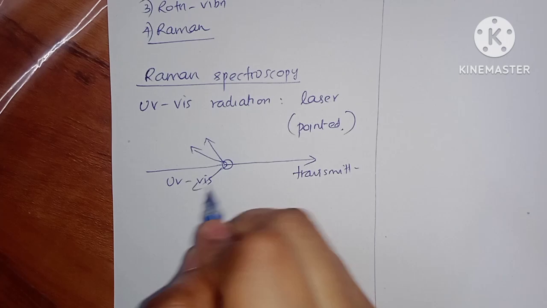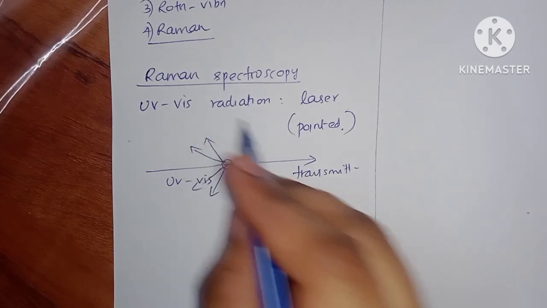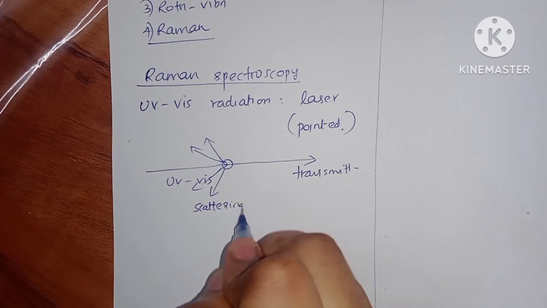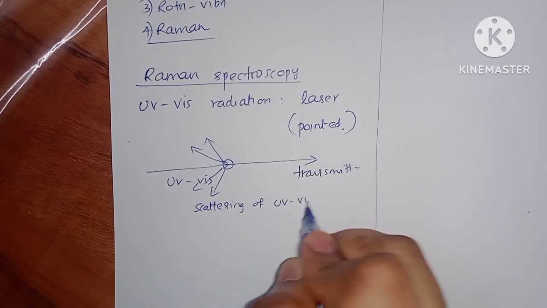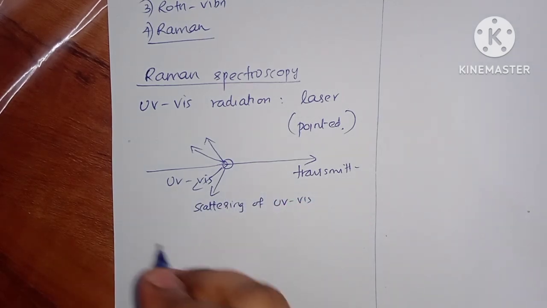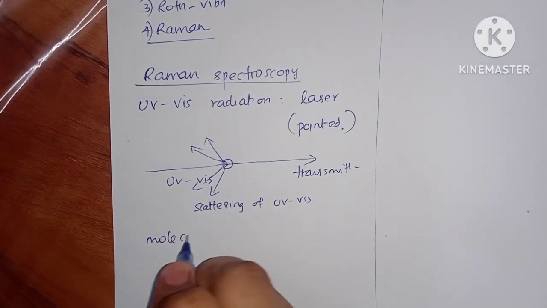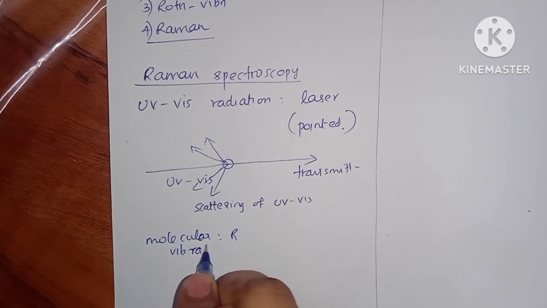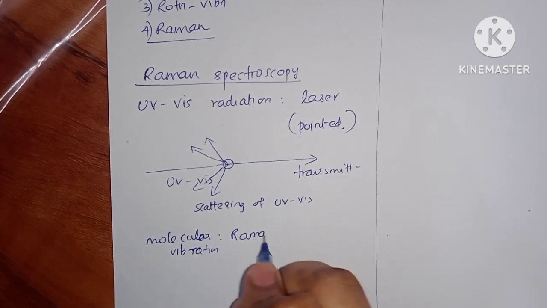So in Raman spectroscopy, we study the scattering of UV visible radiation incident on the molecule, if and only if the molecular vibration is Raman active.